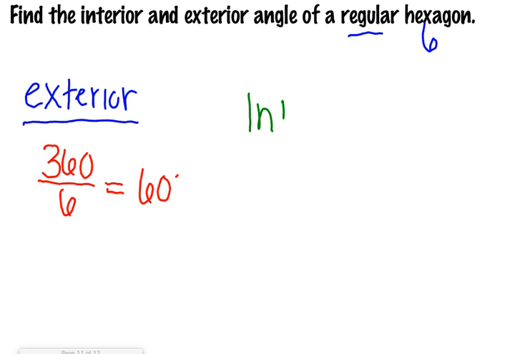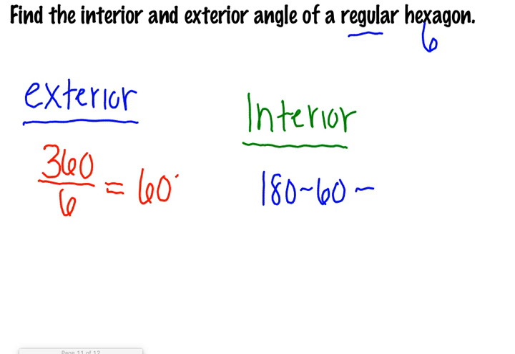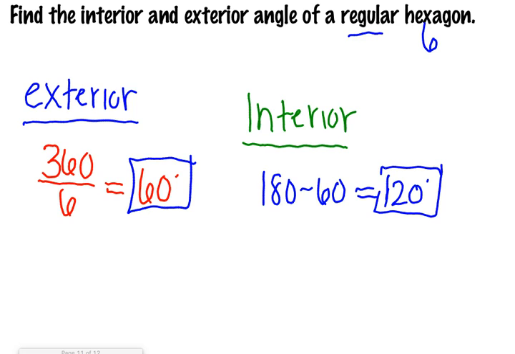And what did we just write about our interior and exterior angle? They add to 180. So now I can just subtract from 180. There's a bunch of different ways you could have done that. This was just the most efficient, and I'm all about efficiency because why not?